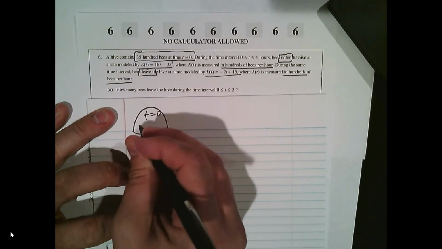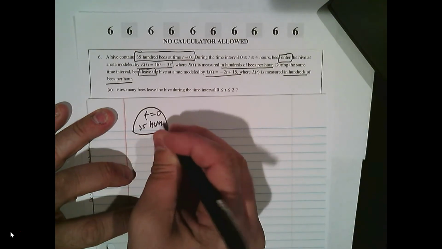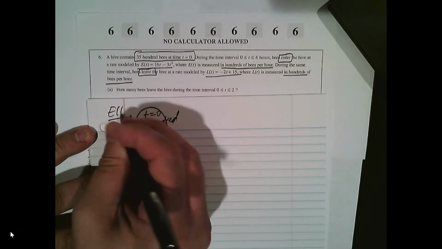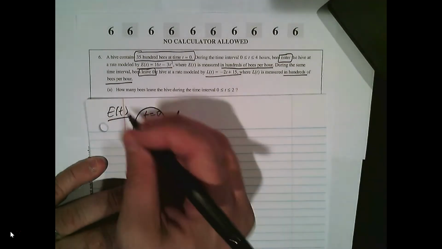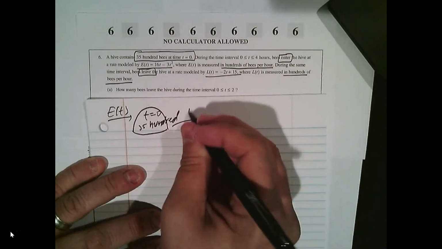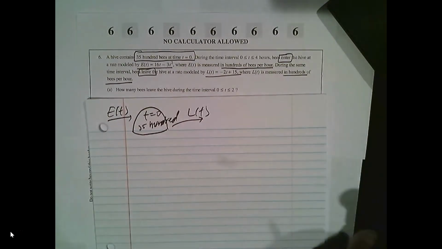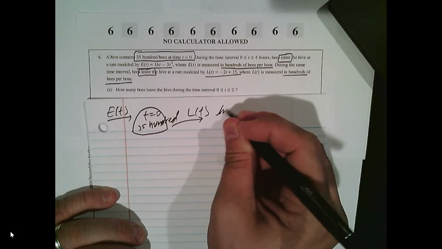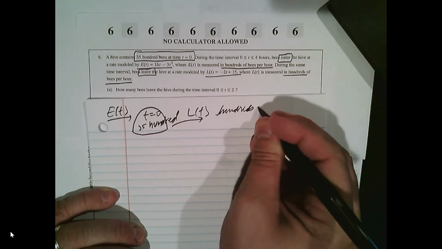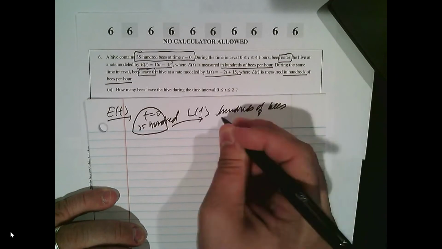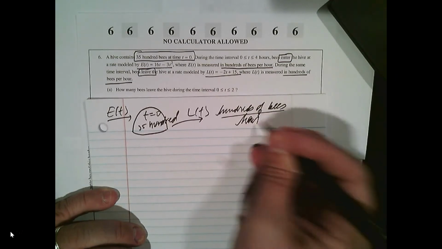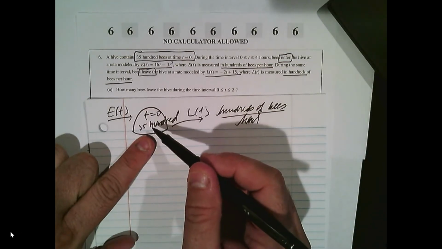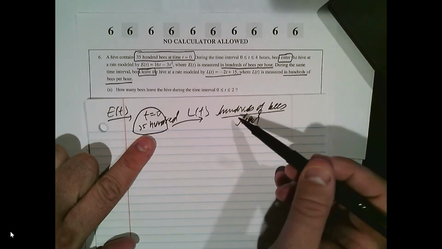And at t equals 0, we've got 3,500 bees. We have this function E of t that tells me how fast bees are entering, and then another function L of t that tells me how fast bees are leaving. And both of these are being measured in hundreds of bees per hour. Okay, we've got an initial number of bees in the hive. We have bees entering, we have bees leaving.